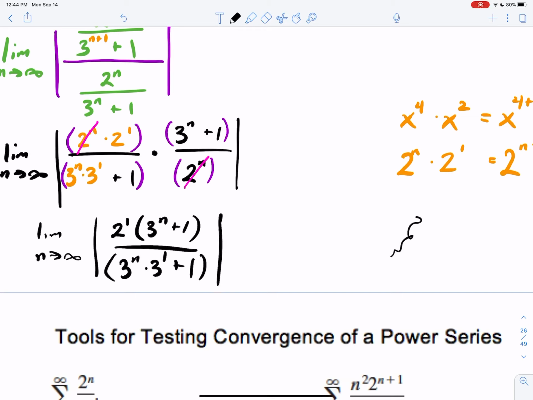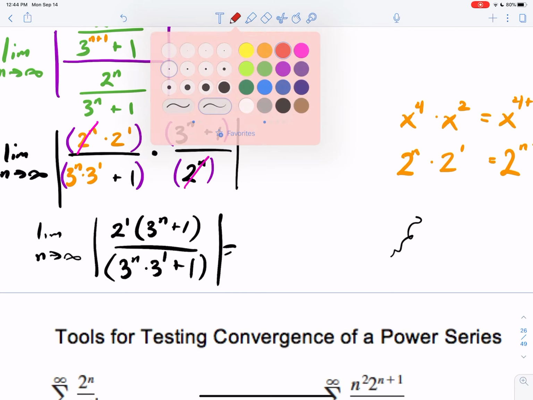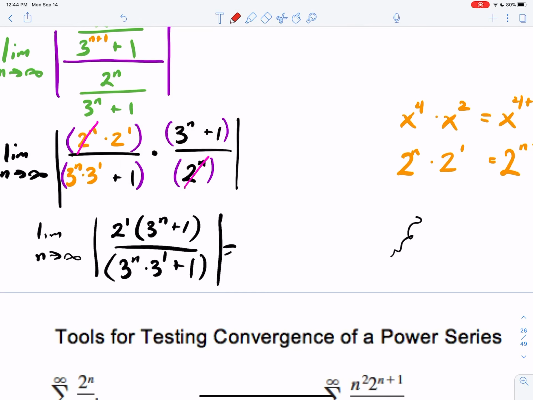Okay. Once you've reduced everything that you could reduce here, you want to see what's left, right? So remember, when n goes to infinity, all of these constants become irrelevant. They have little value. So let me just cover that up there. When n gets really large, where is it getting larger faster?